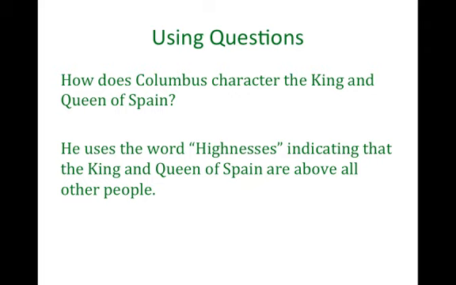And here Columbus uses the word highnesses, indicating that the king and queen of Spain are above all other people. The word highnesses was used in that time period to indicate that the king and queen are the highest members in society. So here Columbus's words are helping us to see, yes, these are the highest people in society. And that's Columbus's worldview.